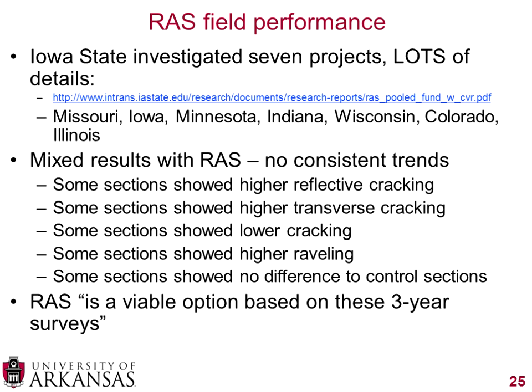And either fortunately or unfortunately, depending on how you look at it, they really weren't able to see any consistent trends when you included RAS in your mixes. Some sections across those 7 states saw higher reflective cracking, some saw higher transverse cracking, but then some sections actually showed lower cracking.